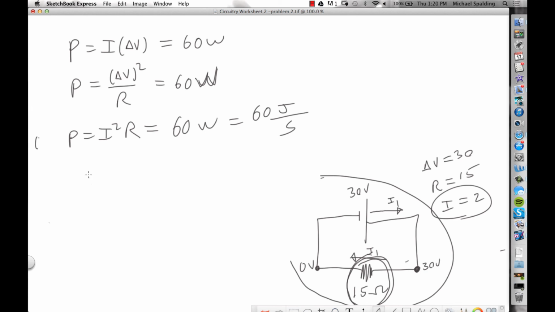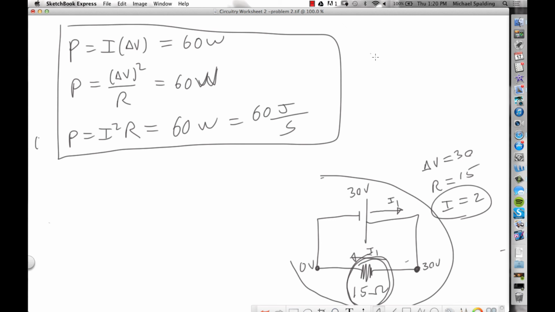So how do we figure out how much energy was used in 7 minutes? T equals 7 minutes, but we got to put that in seconds. That's 420 seconds. What's the definition of power?